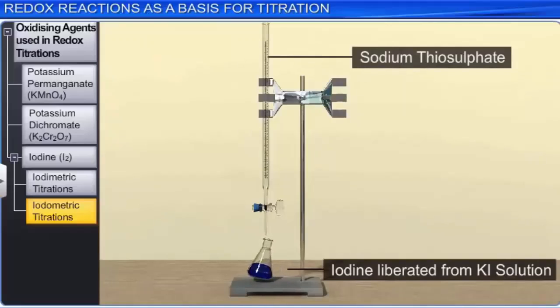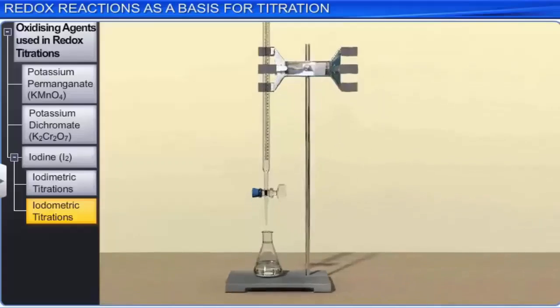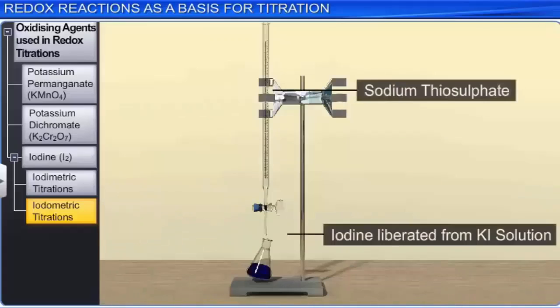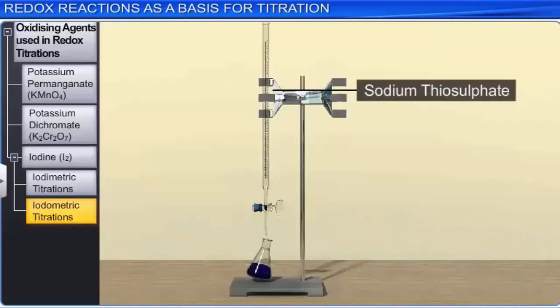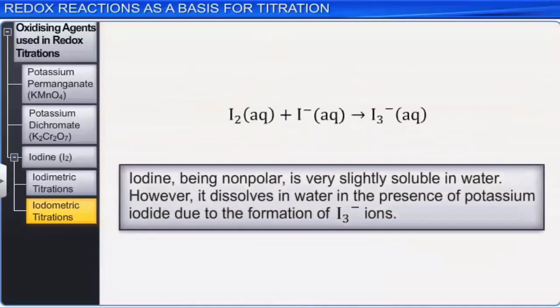The color disappears as soon as the iodine is consumed by the thiosulfate ions. Thus, the end point is detected easily by noting the color change. It must be remembered that iodine, being nonpolar, is very slightly soluble in water. However, it dissolves in water in the presence of potassium iodide due to the formation of I3- ions.